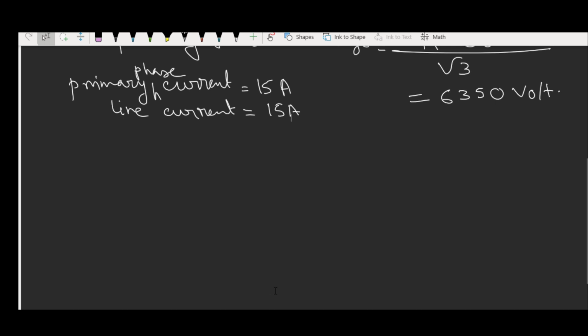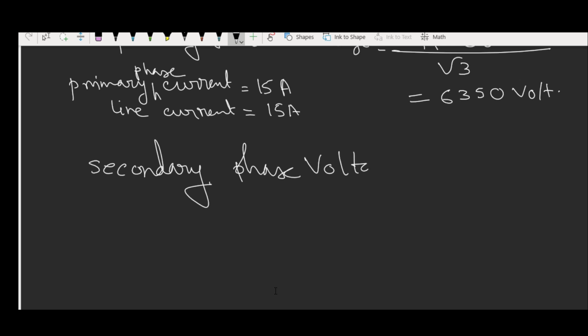Now secondary phase voltage. Do remember, whenever you will handle a three-phase transformer, always consider phase to phase conversion.